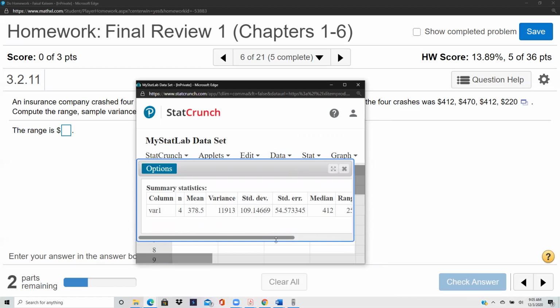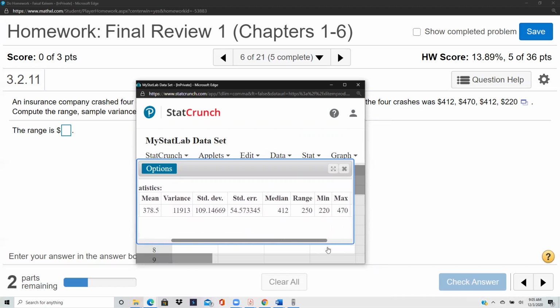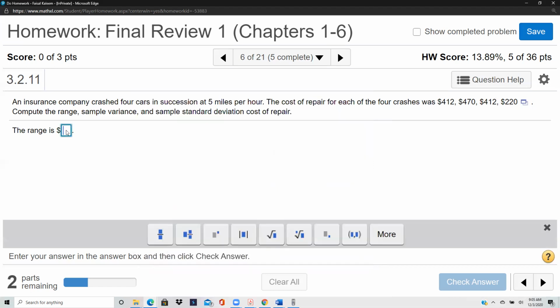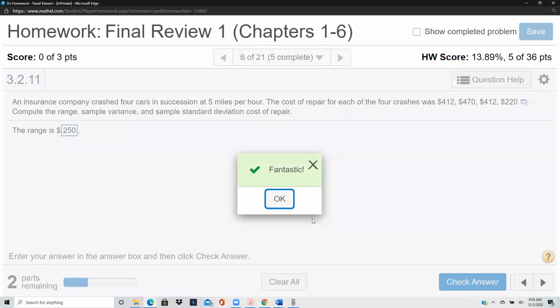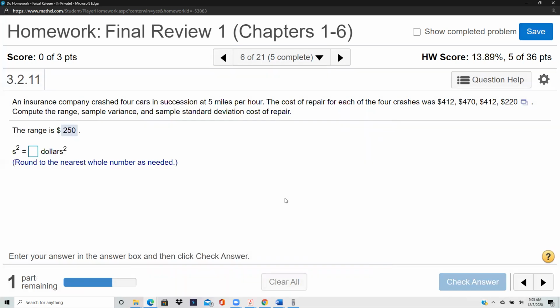So what's the range? 250. So what's the S square?